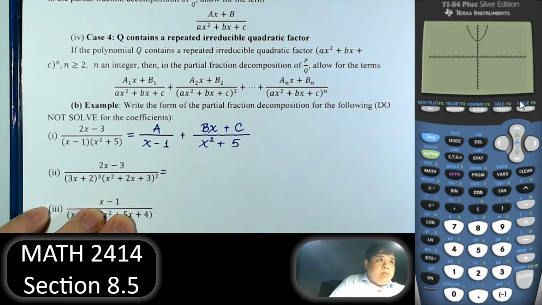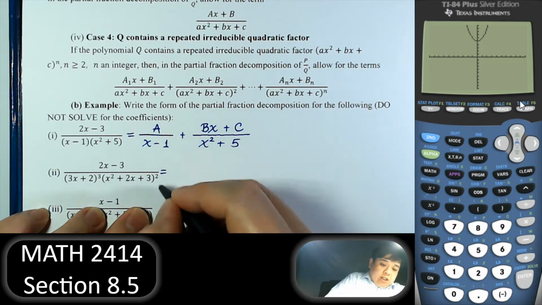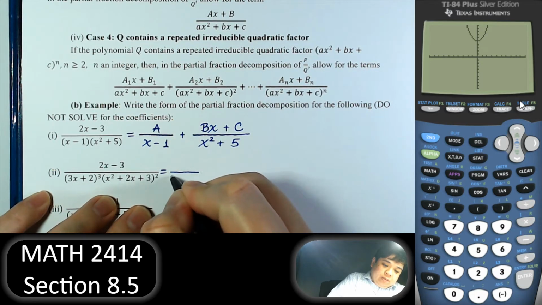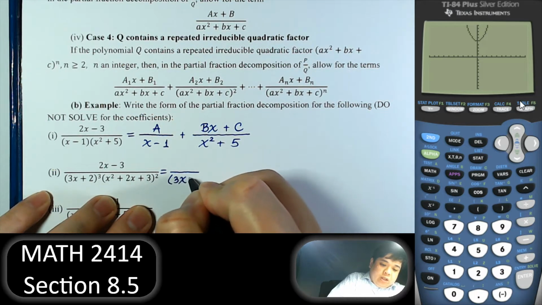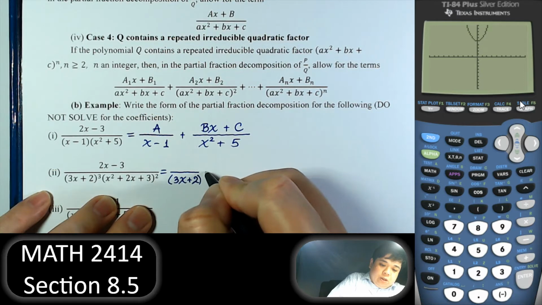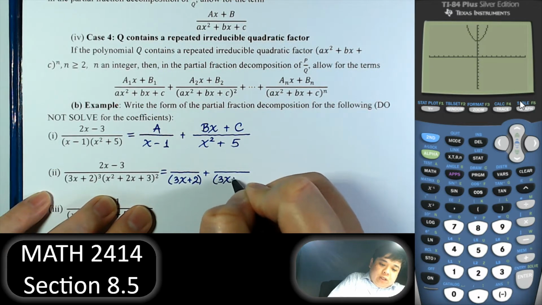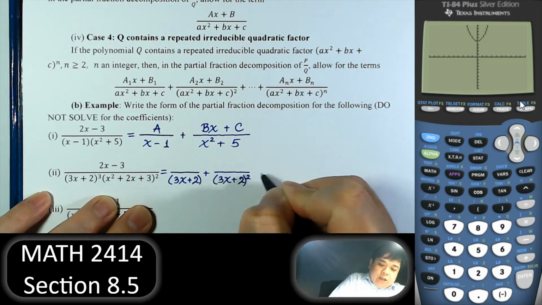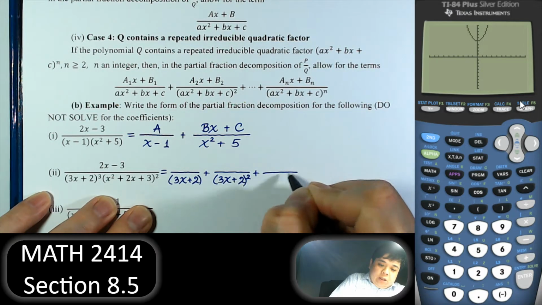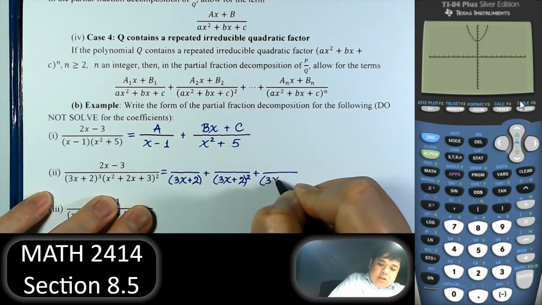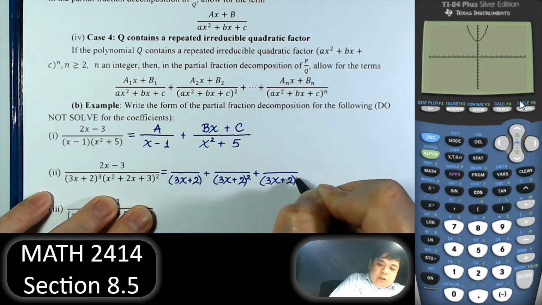And for the linear factor here, there are 3 factors of that. So in that case, we're going to have 3x plus 2, 3x plus 2 squared, and 3x plus 2 cubed.